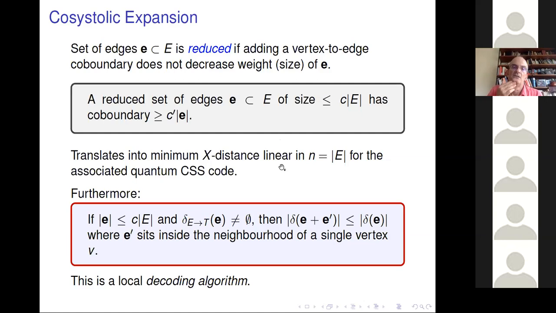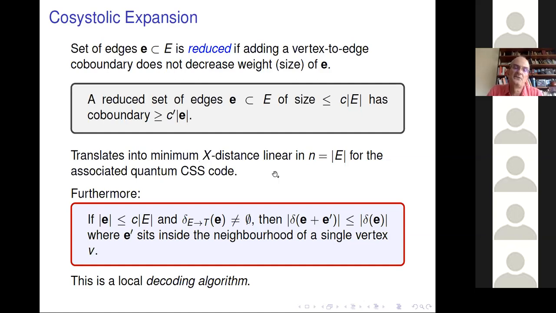Because you see, it says that if a pattern of edges were to have zero co-boundary and not be a sum of vertex-to-edge co-boundaries, then if its size were smaller than something, it would necessarily need to have a non-zero co-boundary.